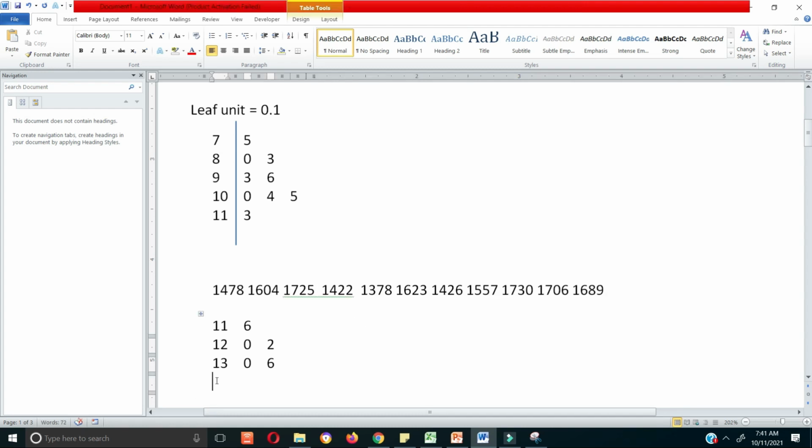So we have the 1400s. We have 1420. We have one of those. We have a 1426, so it's a 1420. We're ignoring the last bit.